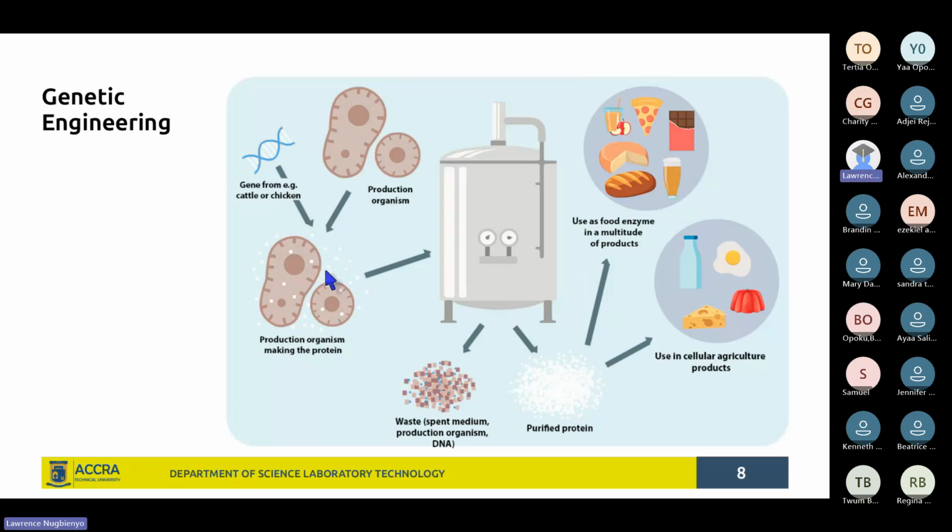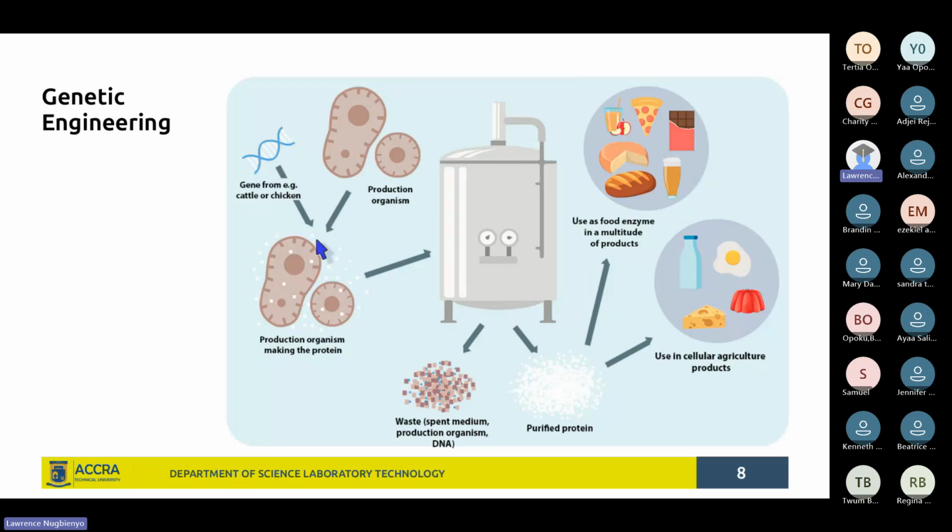So once the protein is being produced and being released, that protein can now be collected, so purified. So what it means is that once you have the media with the bacteria, usually you produce it in a smaller quantity.